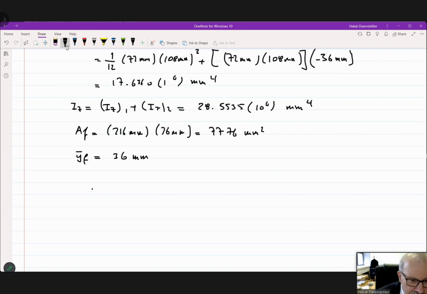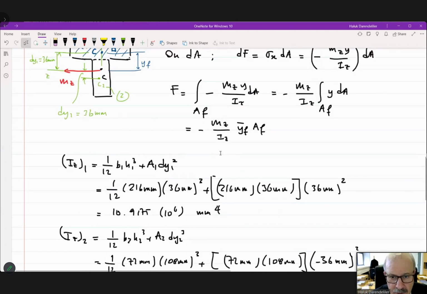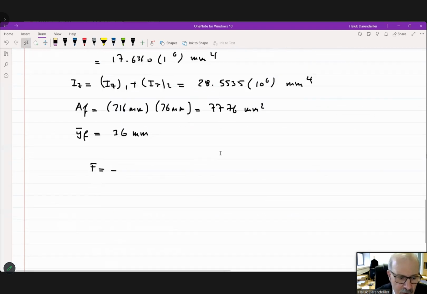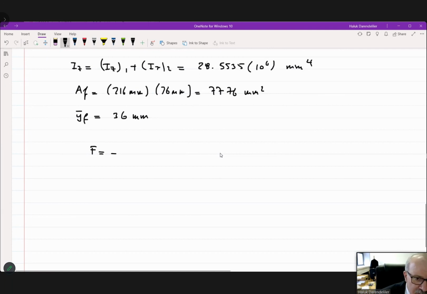Then the force is equal to minus, now I'm referring to this figure, look here, MZ, IZ, YF, AF. So we found MZ is given as 6 million newton millimeters. We found IZ, 28.5535 times 10 to the power 6.